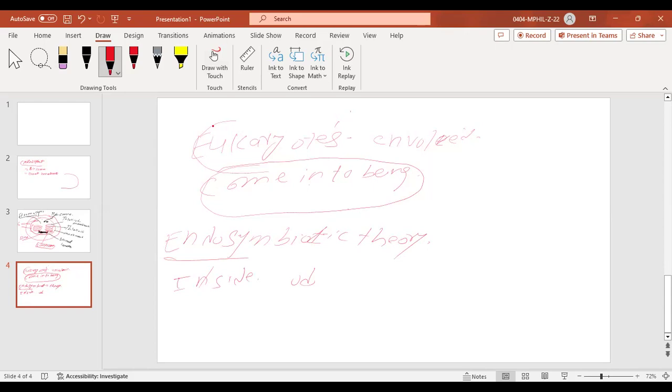Symbiotic is a relationship, symbiosis. It is the relationship inside an organism. A symbiotic relationship is actually the relationship in which two organisms are interdependent.